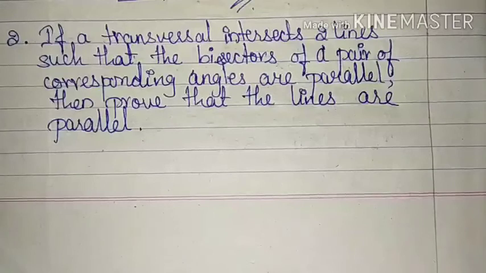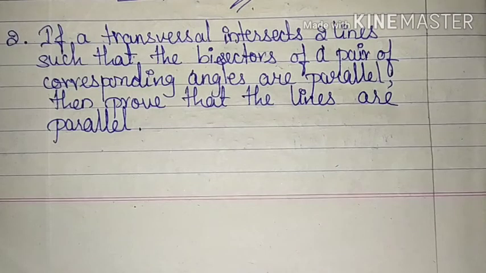In the second question, if a transversal intersects two lines such that, take note here that they have not given us that a transversal is intersecting the parallel lines. They have just told us that a transversal intersects two lines. We don't know if they are parallel or not.